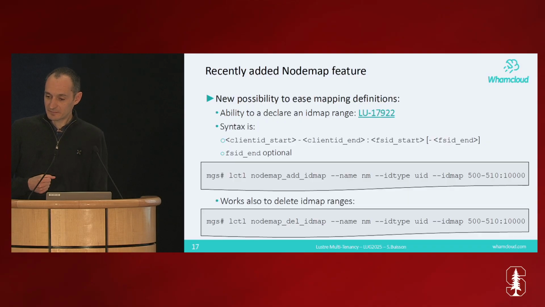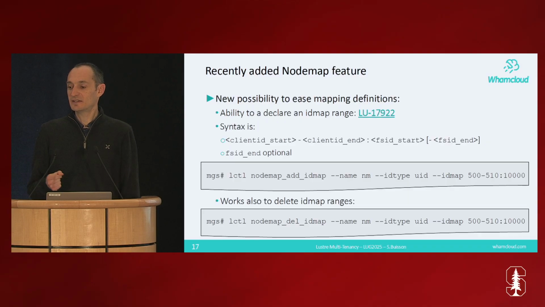Another feature we recently added is the ability to declare ID map ranges. Instead of having to declare your identity mappings one by one, you can use --idmap, and then instead of a single mapping, you can define a range.